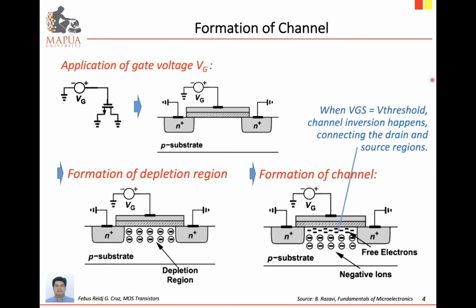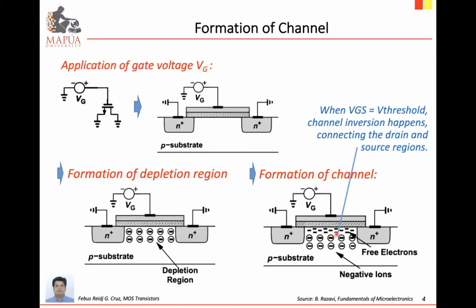Take note that when you measure the voltage from gate to source, that is the VGS. We have a certain parameter we call the threshold voltage. When the gate-source voltage VGS is equal to the threshold voltage, channel inversion happens.